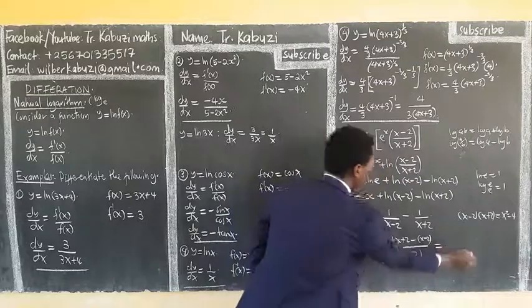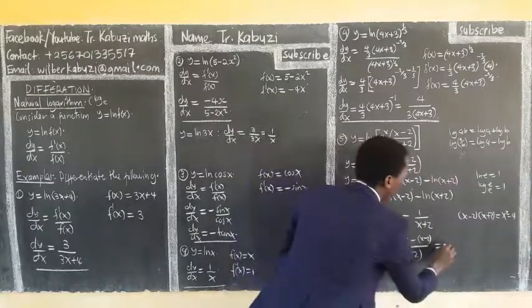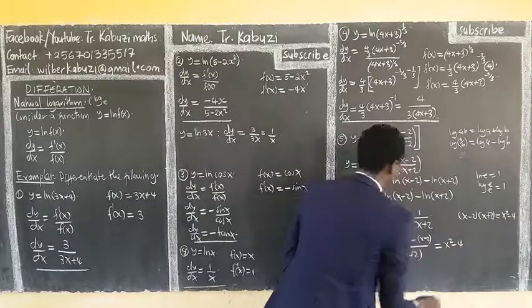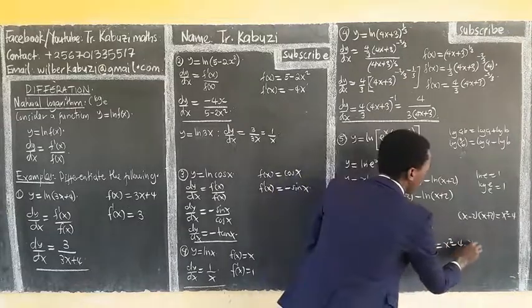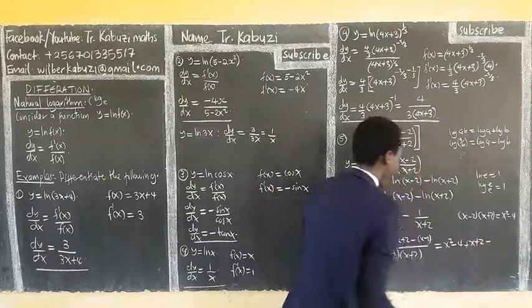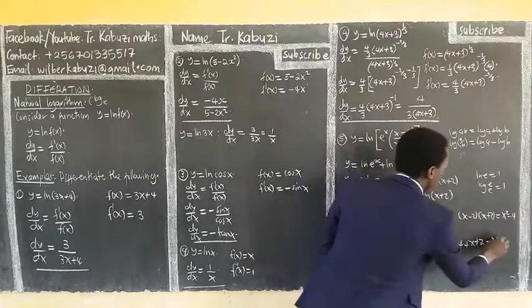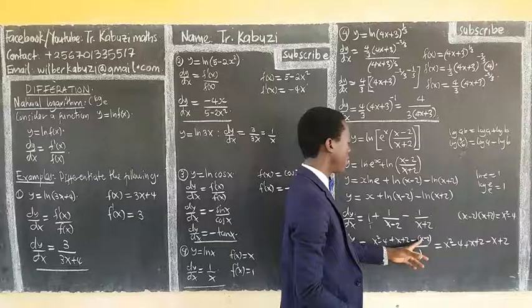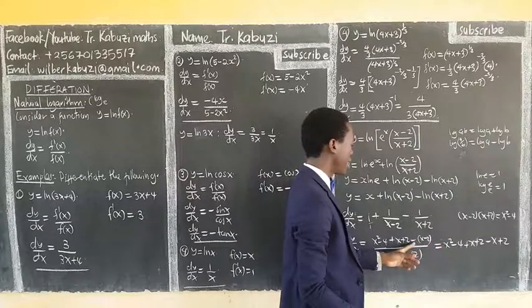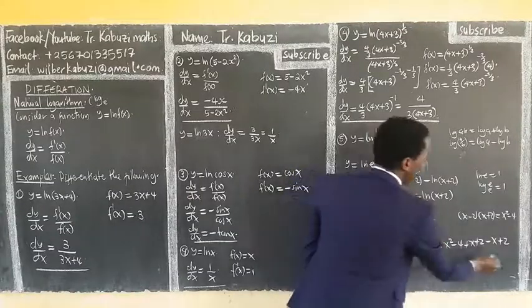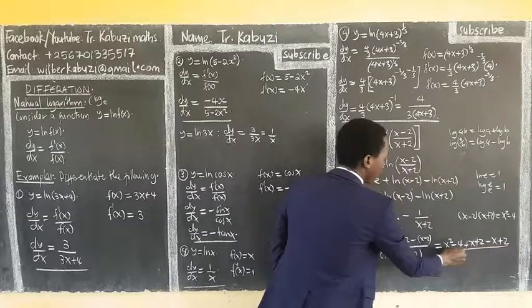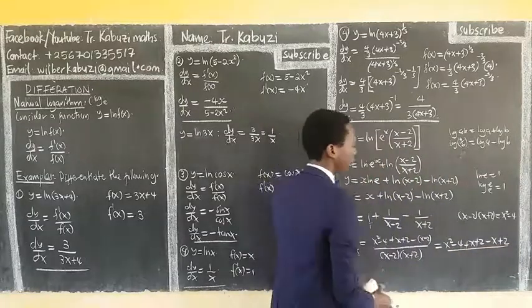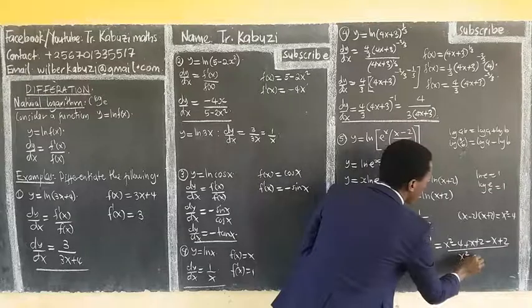So this is going to give us x squared minus 4, then plus x plus 2, now minus. Negative 1 times x, we get negative x. Negative 1 times a positive, and then negative x, we get a positive.